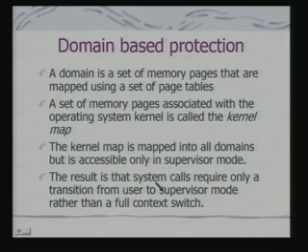The result is that system calls require only a transition from user to supervisor mode rather than a full context switch. This point we had already touched upon. But what is the basic concept of a domain? Each process is basically a collection of pages which can include pages belonging to other processes, like the kernel of the OS. Therefore, that set of pages is associated with a domain-based protection.